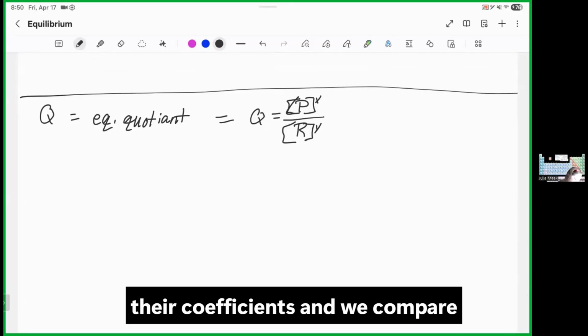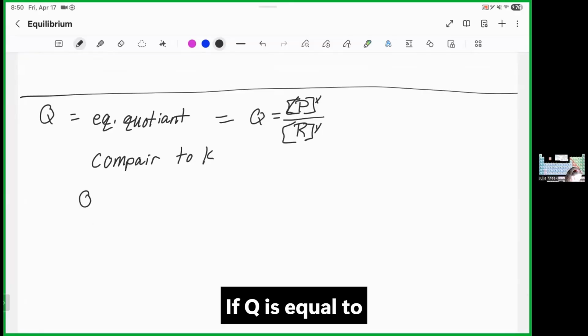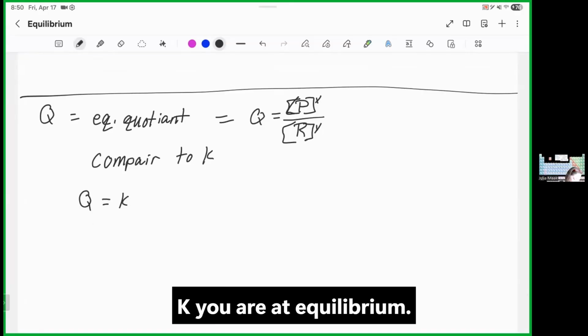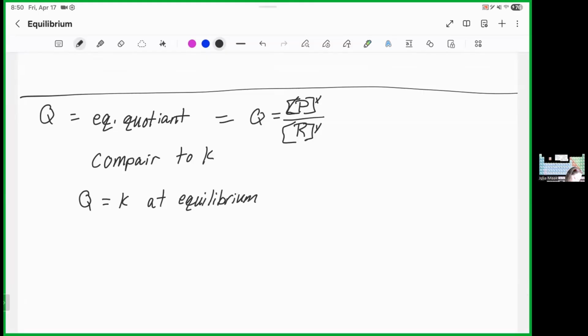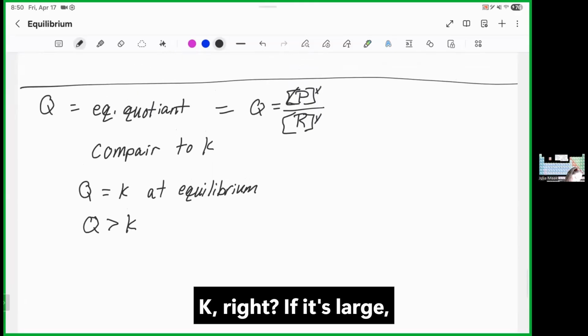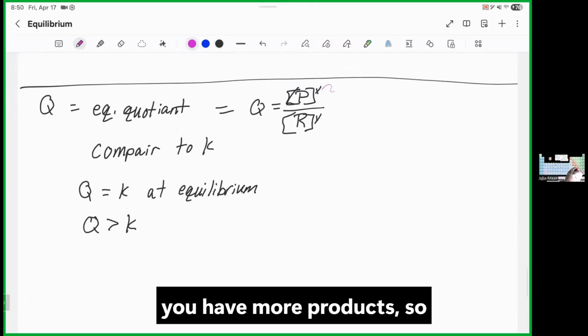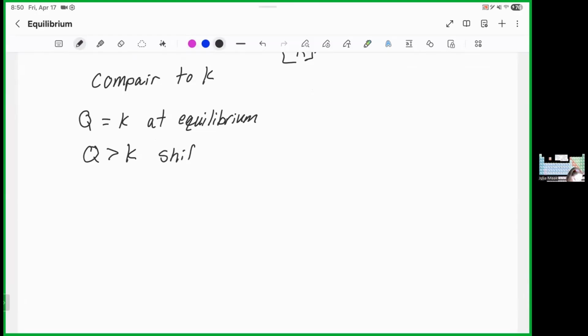And we compare it to K. If Q is equal to K, you are at equilibrium. You have your equilibrium concentrations. If Q is greater than K, if it's large, you have more products. So if Q is greater than K, you will shift.